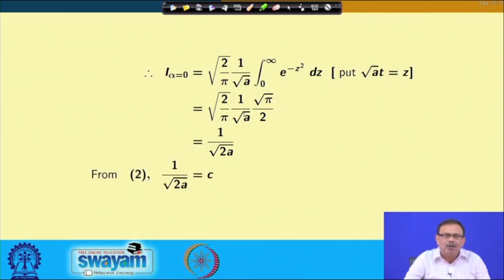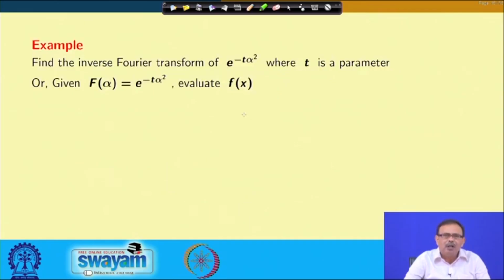If I substitute, I obtain the value of c as 1 by root 2a. So I becomes 1 by root 2a e power minus alpha square by 4a. This is another technique, which we have mentioned earlier also, to find the Fourier transform of some function where we have to evaluate the integral.